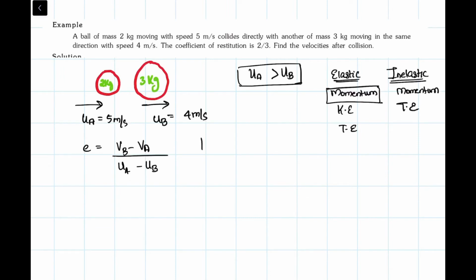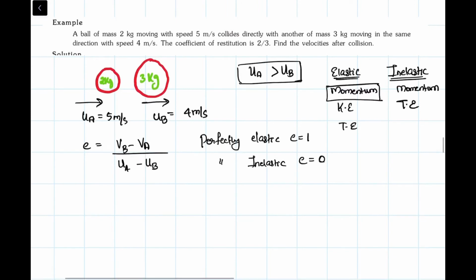For a perfectly elastic collision, the e value will be equal to 1, and for a perfectly inelastic collision, the e value will be equal to 0, which means after colliding, the relative velocity after collision will become 0. That is the speciality of perfectly inelastic collision. All other cases will have a coefficient of restitution value between 0 and 1. Okay, let's get into the question.